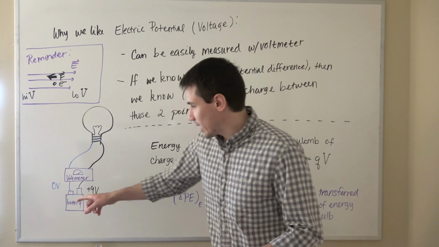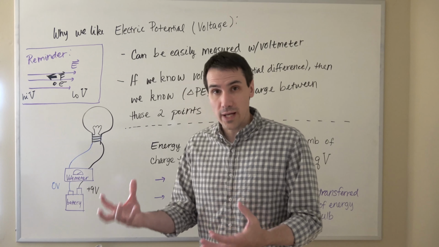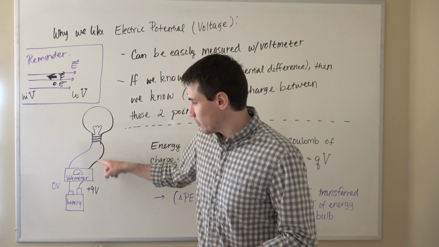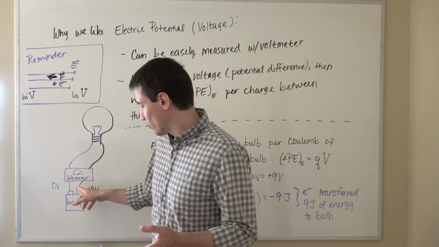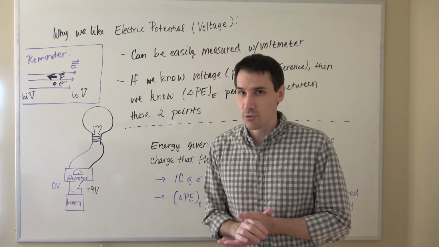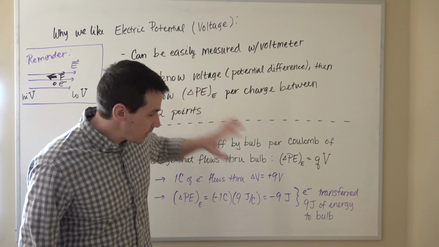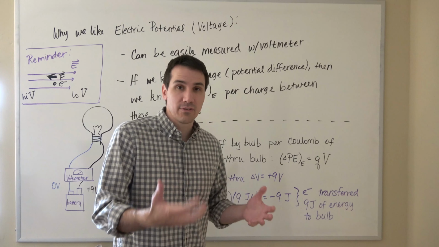Right? They start out at the 0 volt, high potential energy for electrons state. They flow through the light bulb to the high potential and therefore low potential energy for the electrons state here. And in the process, we know exactly how many joules of energy they give up.